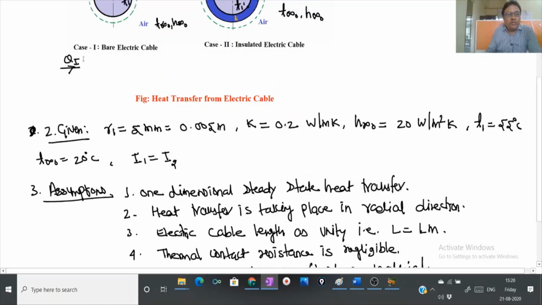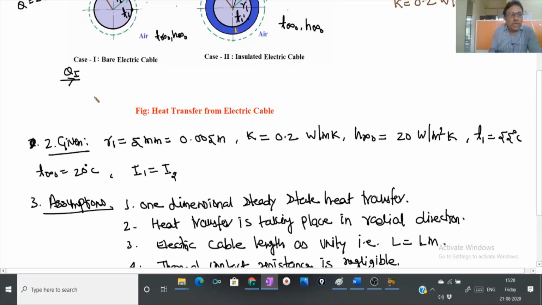Flow quantity will be Q1 and thermal resistance will be offered to the heat transfer between temperatures T1 and T infinity O only, and thermal resistance will be offered by the air film, and it will be convective thermal resistance.